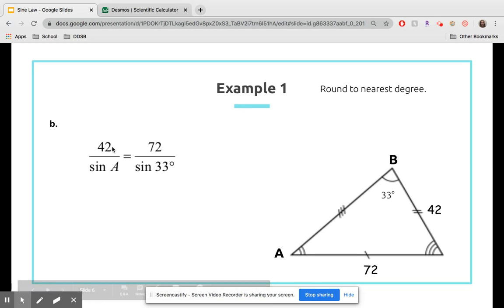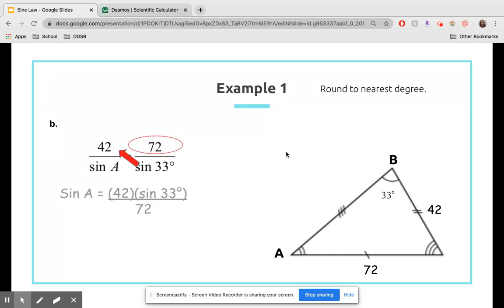So side a is 42 over sine A equals 72 over sine 33. We cross these two, multiply them together, and divide by what's left. So I got 42 times sine 33 divided by 72.